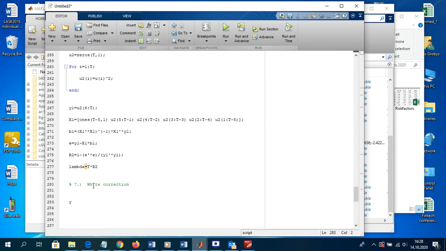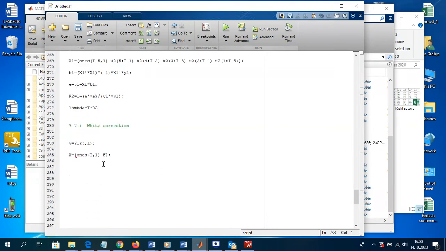So again, we should take the first stock, which is defined as earlier, as the first vector of our excess return matrix. Then again, our X matrix is defined as having a vector of ones of dimension T by 1 in the first column, and of course the factor matrix consisting of the 3 risk factors as well.